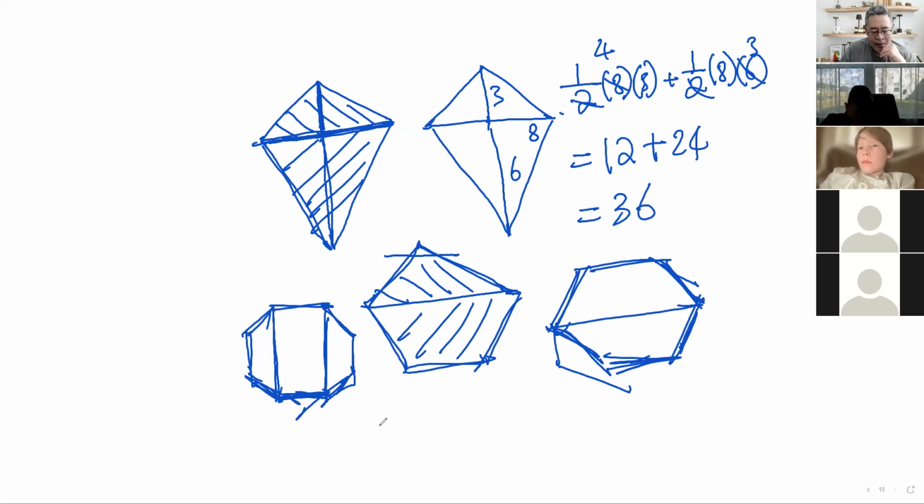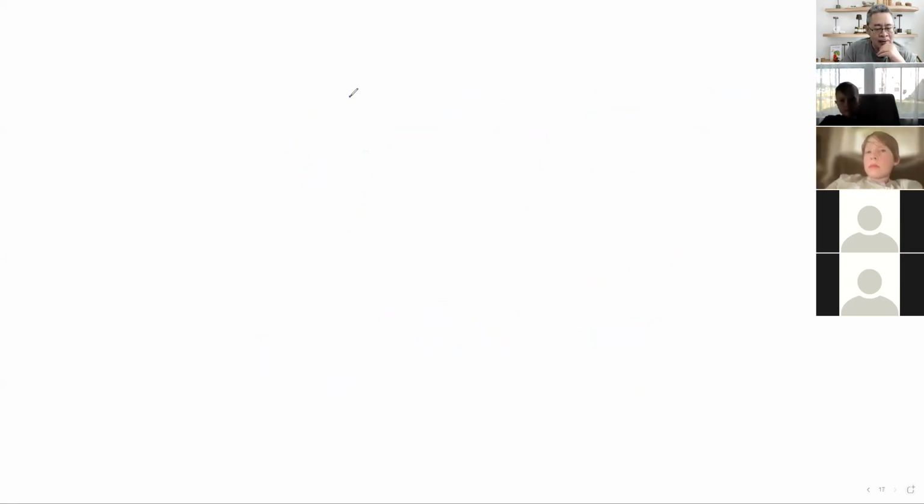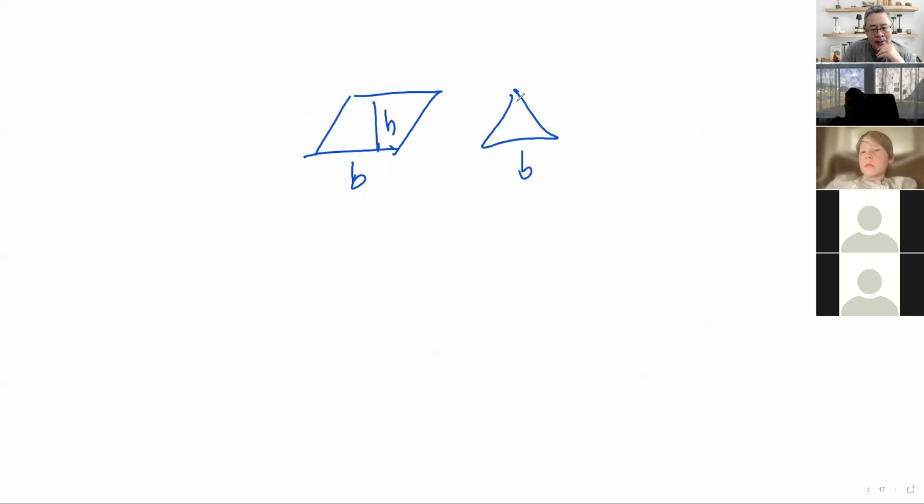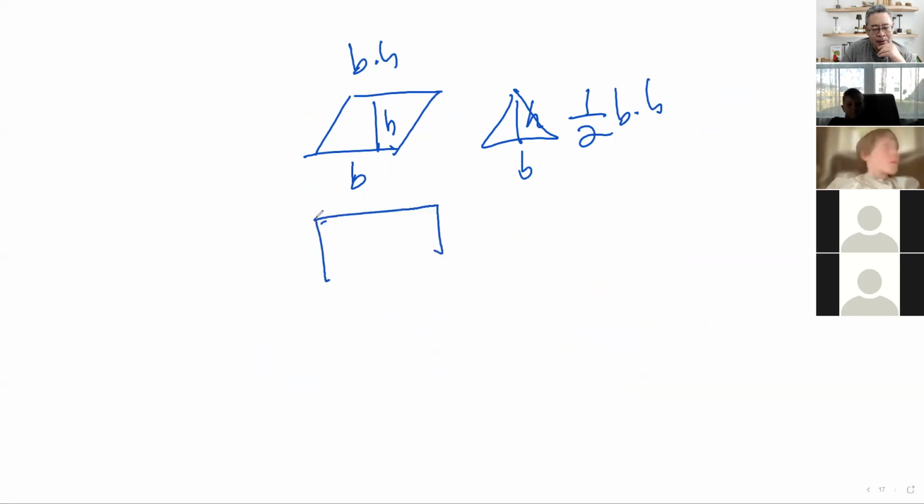And you can see that as long as we know how to do a parallelogram, base and height, then we know a triangle is basically half a parallelogram, so it's half base times height. This is base times height. Now a rectangle is a special kind of parallelogram, so it's base times height.